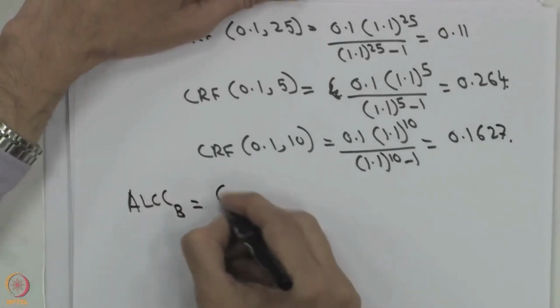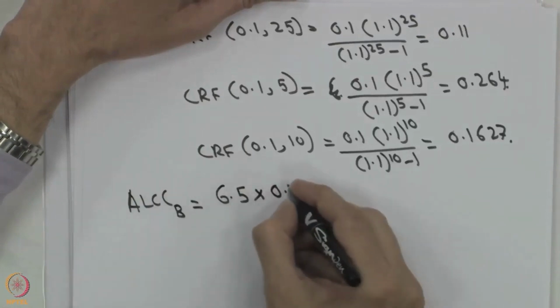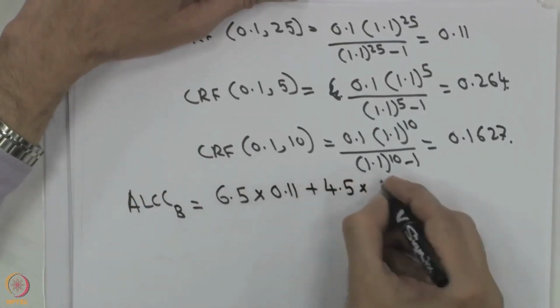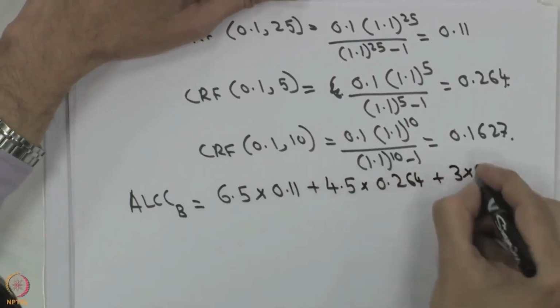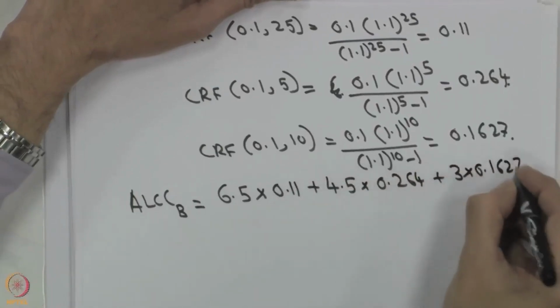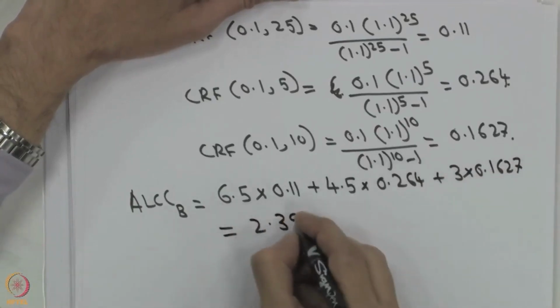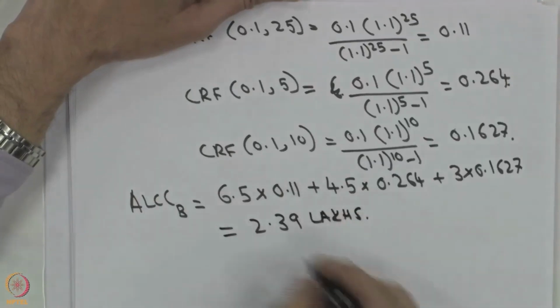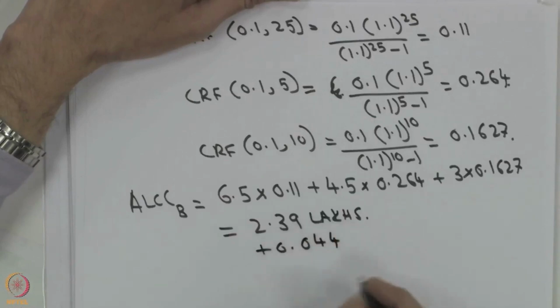So, now your ALCC for B turns out to be 6.5 into 0.11 plus 4.5 into 0.264 plus 3 into 0.1627, and this turns out to be 2.39 lakhs, and to add to that the O&M of 0.44.